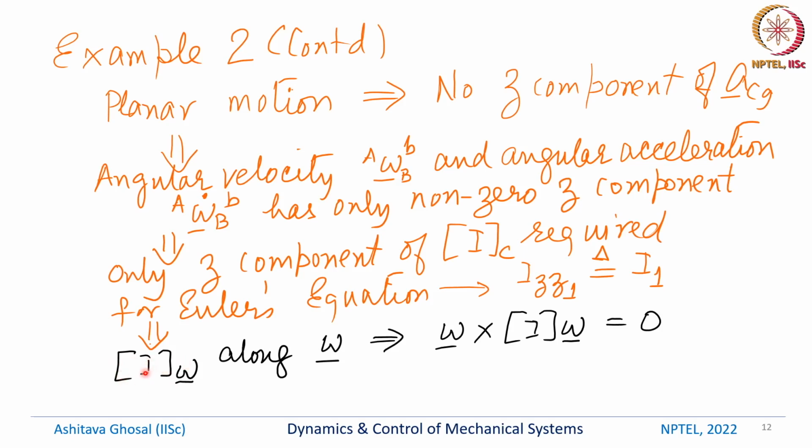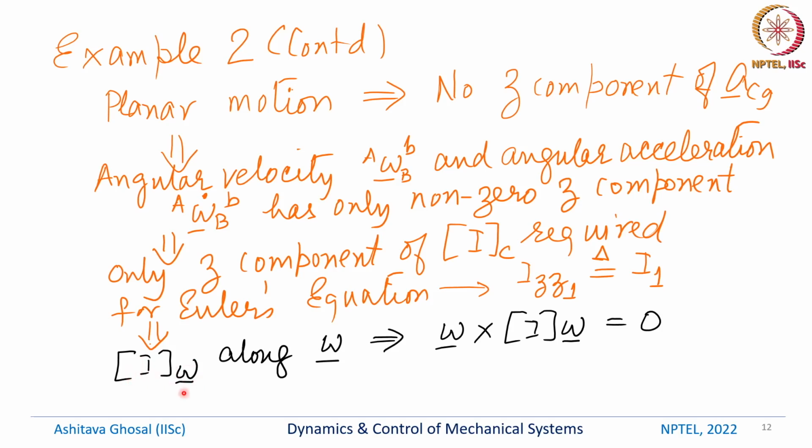Moreover, this vector I into omega will be along omega because this is a body fixed inertia matrix with only the z component. This omega is also only the z component, so it will be like theta 1 dot.